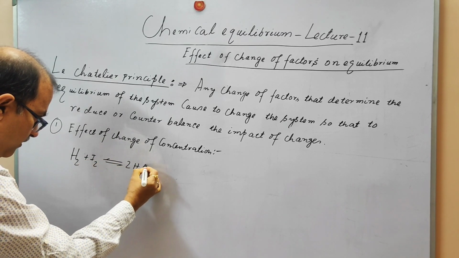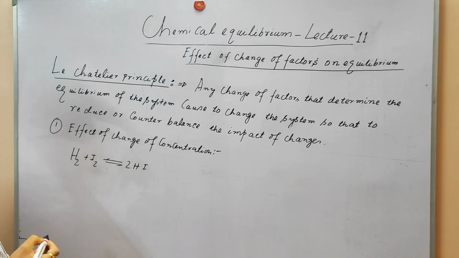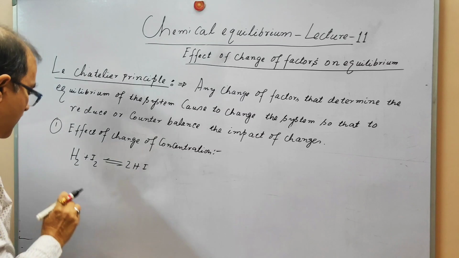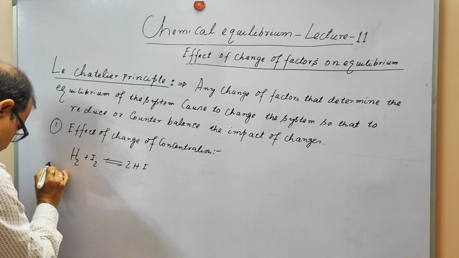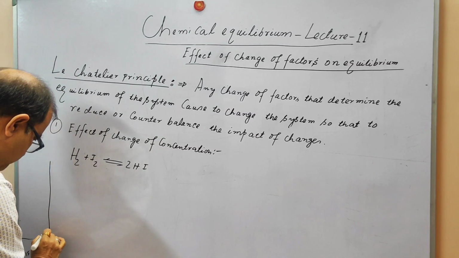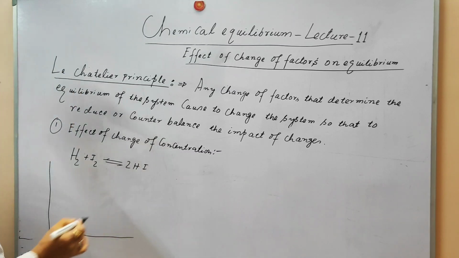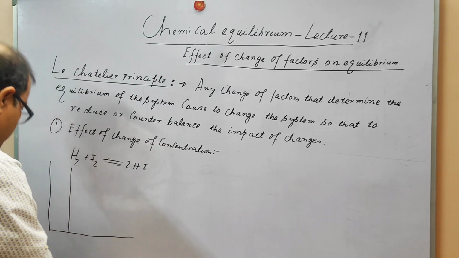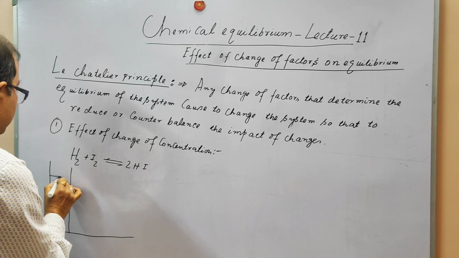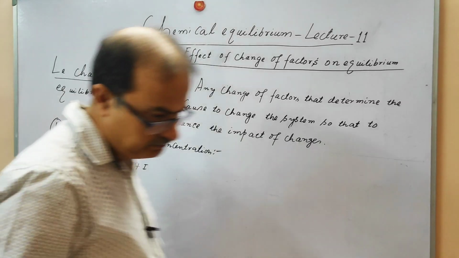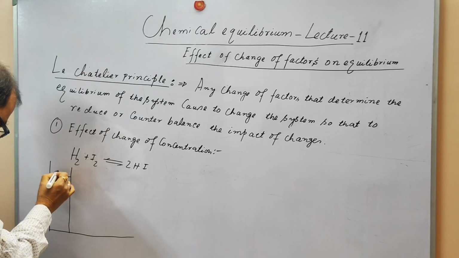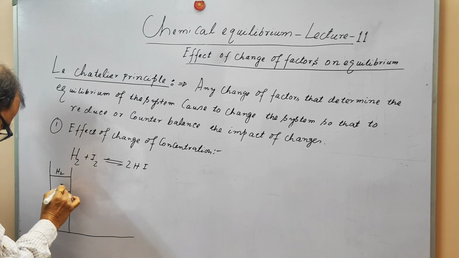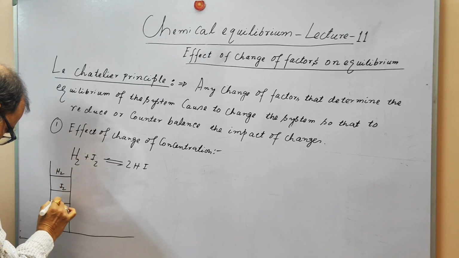Hydrogen and iodine produce hydrogen iodide, and suppose it is in equilibrium. I take a graph of this. Here you can see this is the equilibrium position. This is hydrogen, this is iodine and this is HI.